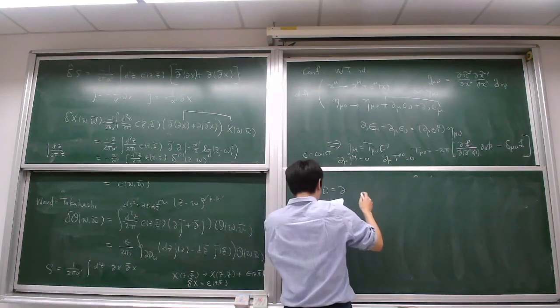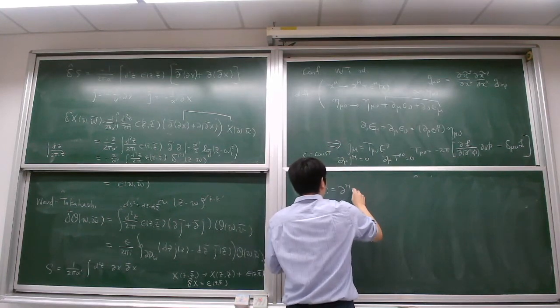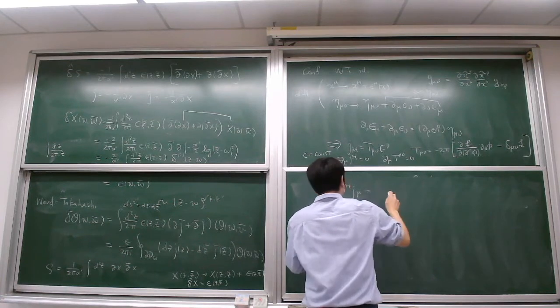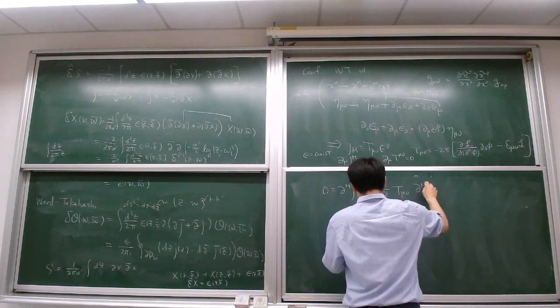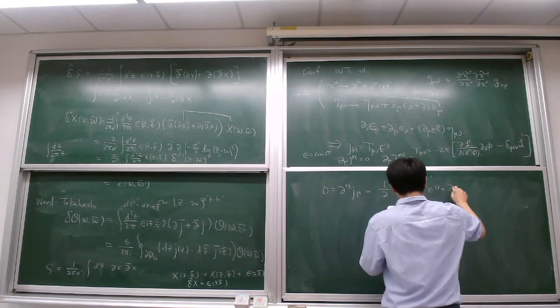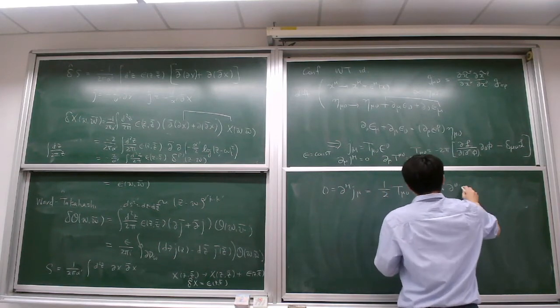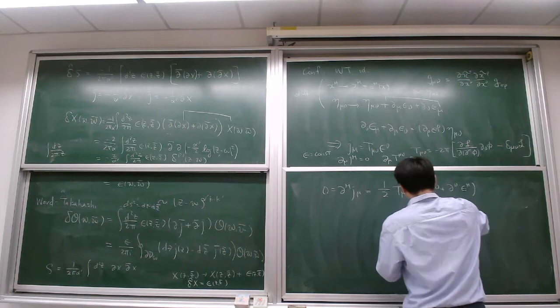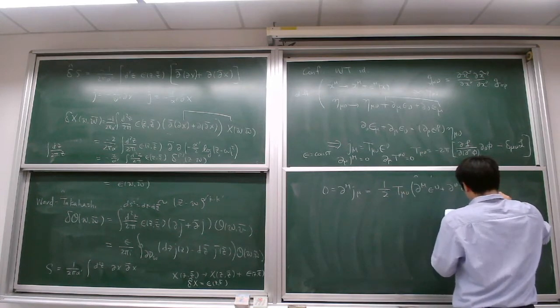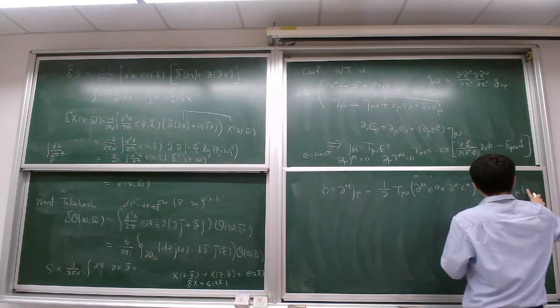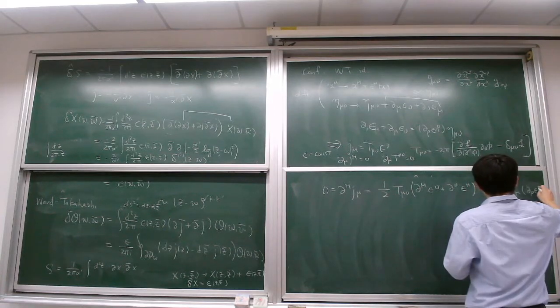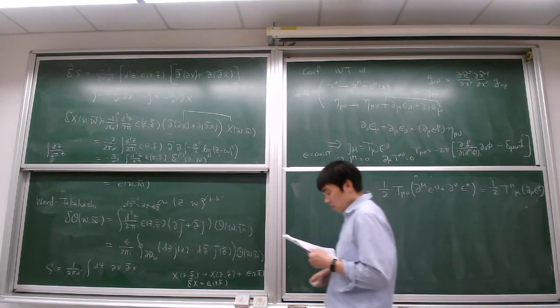Now if epsilon is some function, this conservation holds with T mu mu vanishing in a conformal field theory.